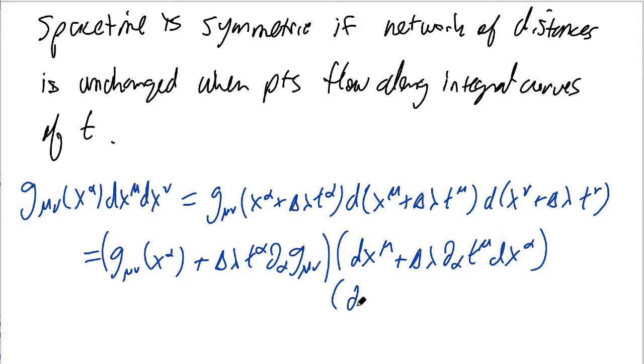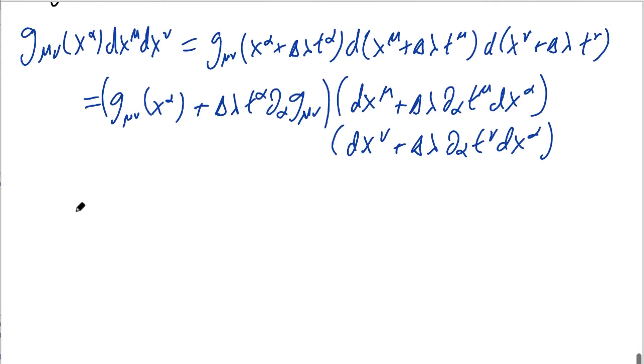And the final term is dx nu plus delta lambda partial alpha t nu dx alpha. And by the way, I've used repeated index alpha here and again here and again here. I probably should have used different letters here and here, but the context usually makes it clear. There's a sum over alpha here, another sum over alpha here, and a sum over alpha here as well. All right, if we expand this out, first of all, we have this term, the term that's independent of delta lambda.